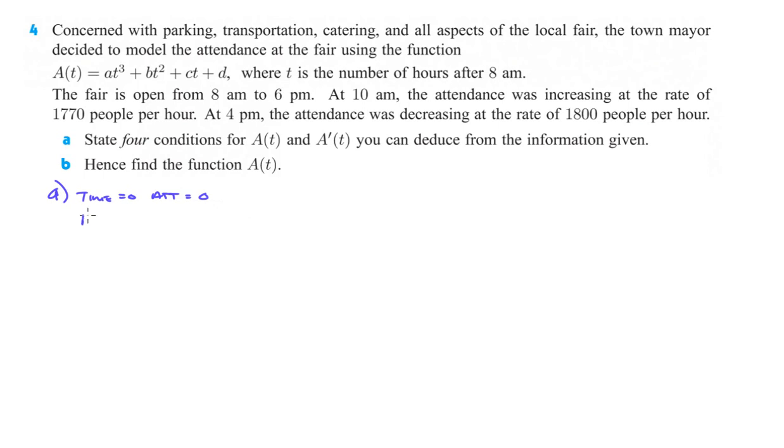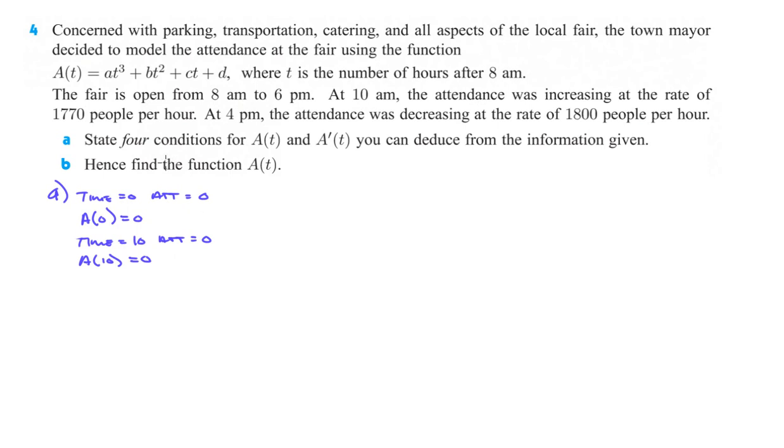So we would write that attendance at time 0 would be 0. Okay, we also know at the end, it's open from 8 a.m. to 6 p.m. So that would be what? 10 hours after. Time equals 10. Attendance should also equal 0. So A of 10 equals 0.